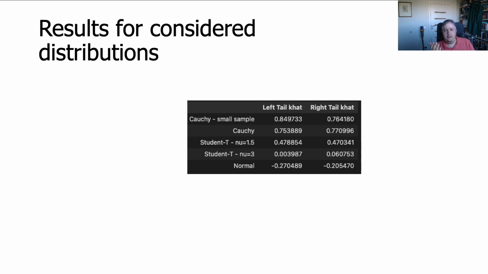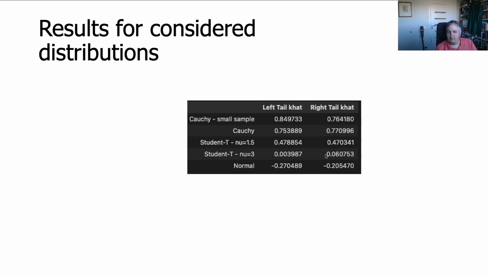And we can use it like this: we separate from our samples the middle, the bulk of the distribution, and then we get the samples that are at least one estimated standard deviation from the center. And then we can use that to estimate those left and right tail behaviors.